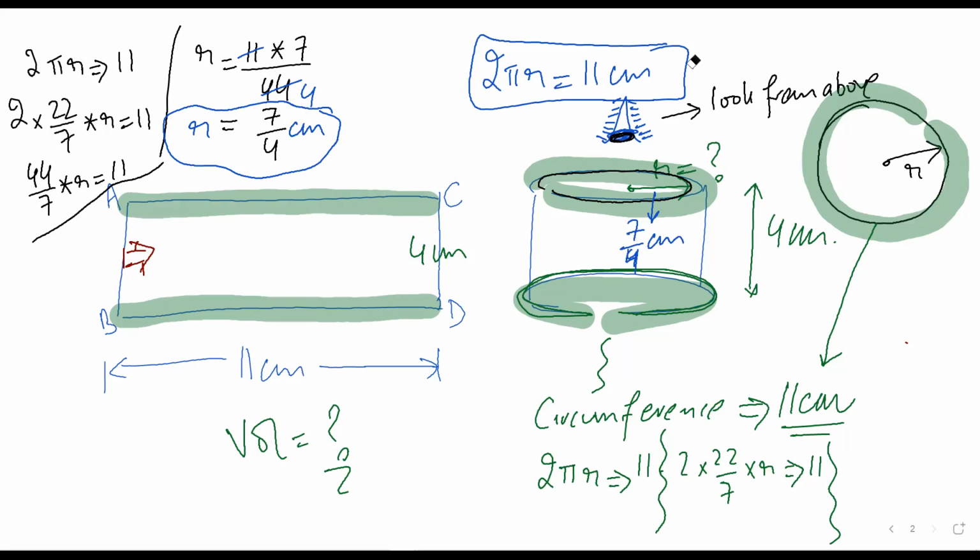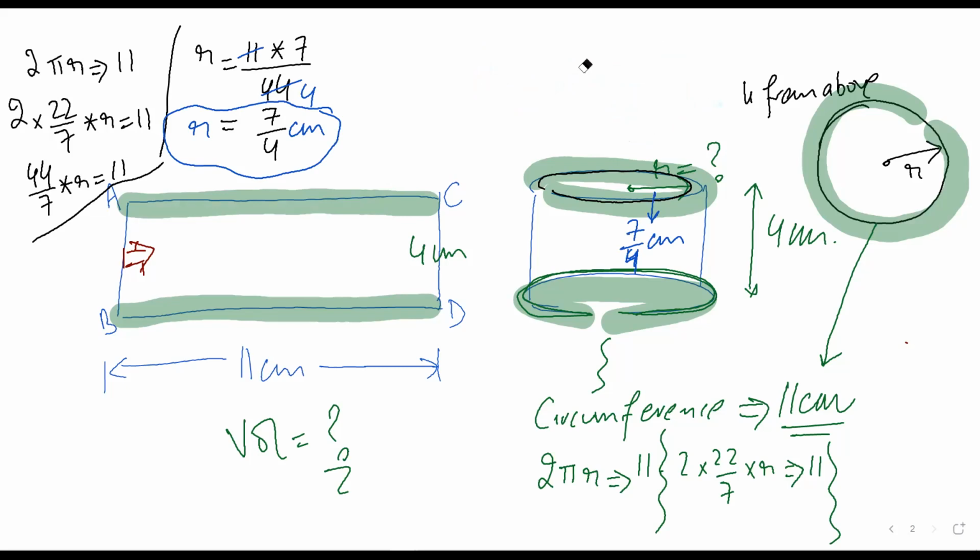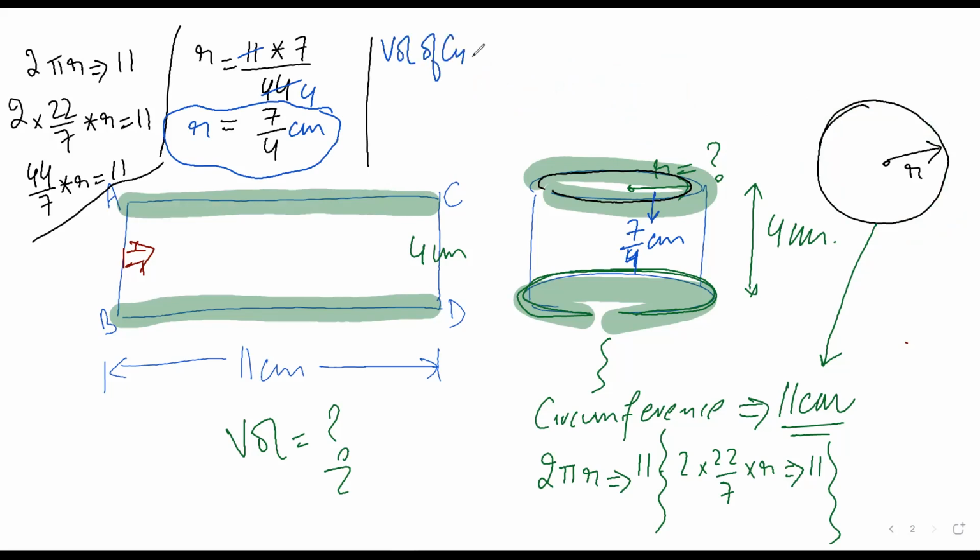Now for the cylinder, you have the radius, you have the height. So what would be the volume of the cylinder? Mr. Satya? What is the volume of a cylinder? Mr. Sarthak?